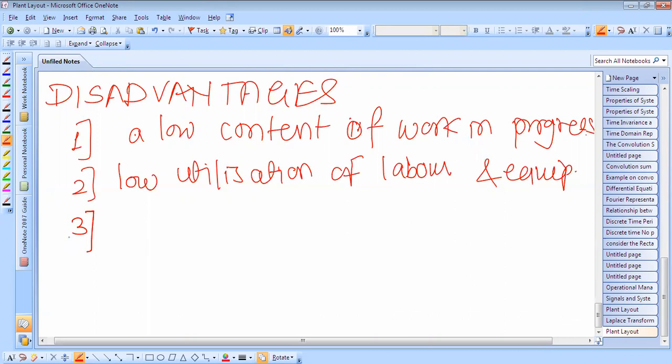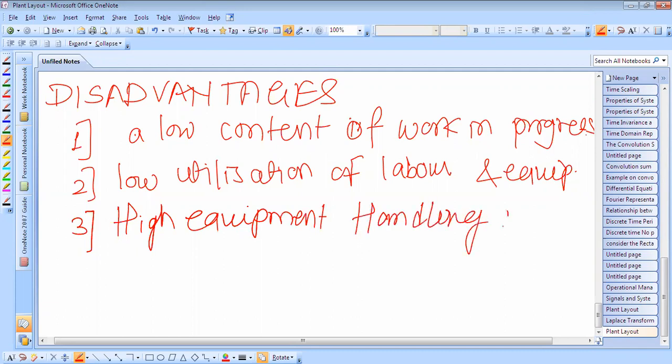It involves high equipment handling cost. So these are some disadvantages of this fixed position layout, and the application of this layout by fixed position of product is limited to large items made singly or in very small lots.